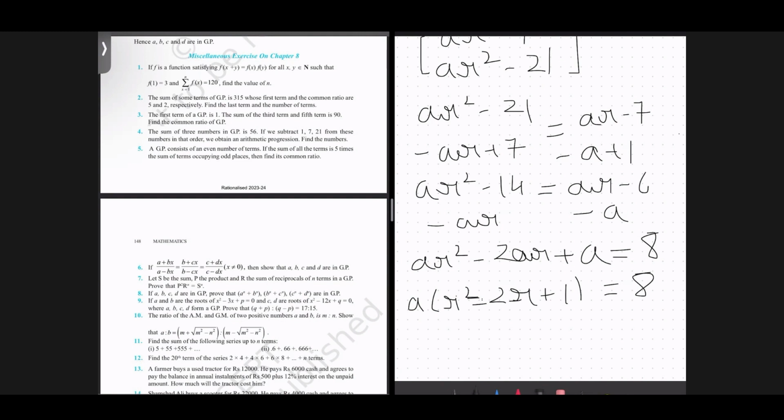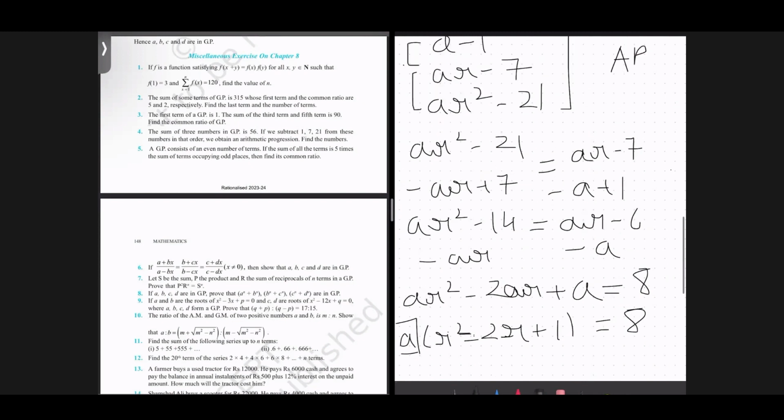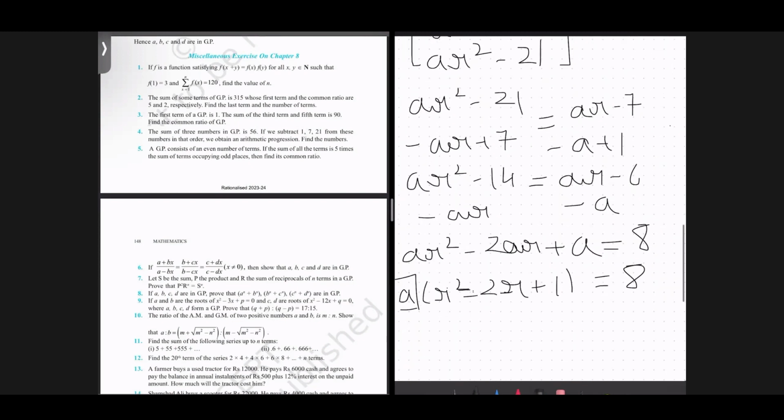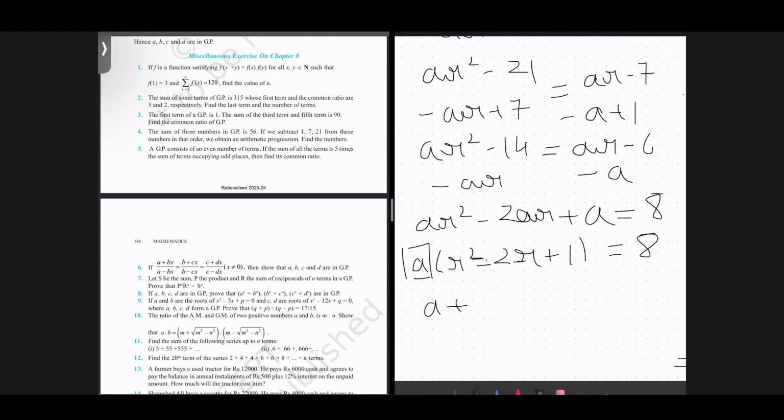Let us try and find out the value of a from the previous equation and plug in that value right here. We have been told that a plus ar plus ar square equals 56, right?